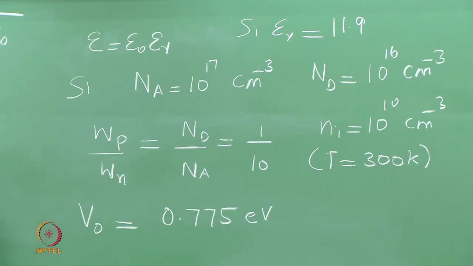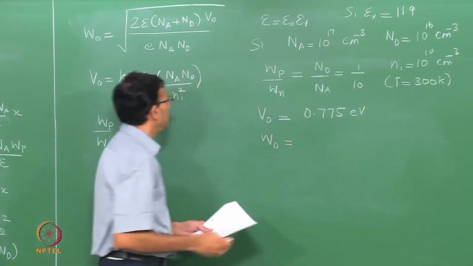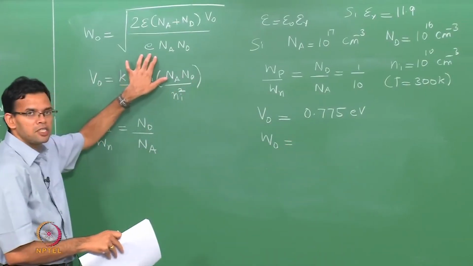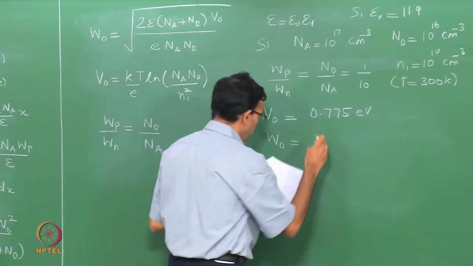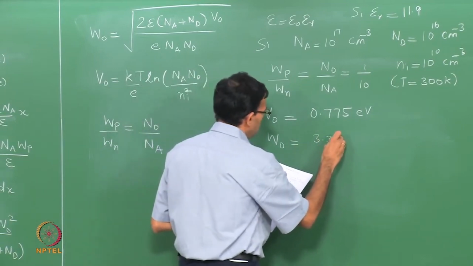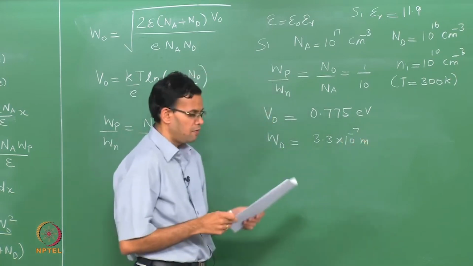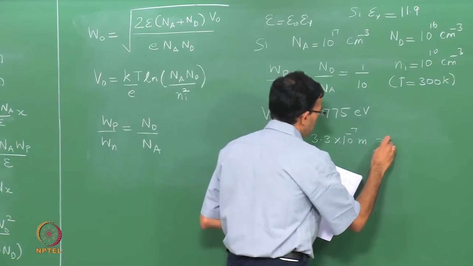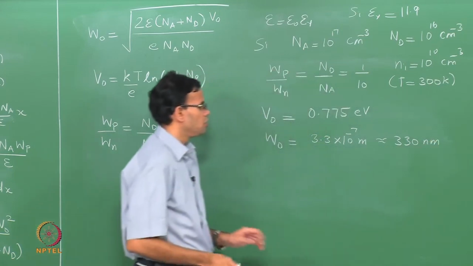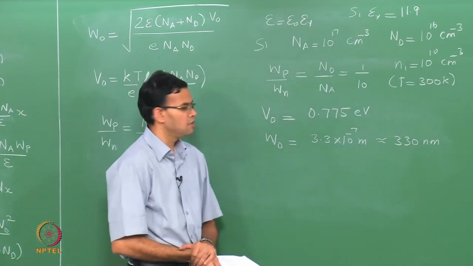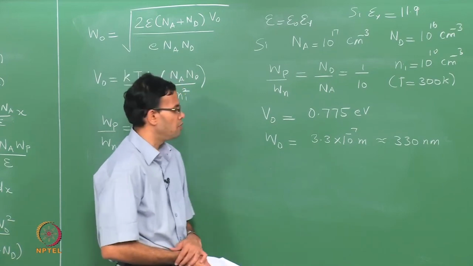You can also calculate the width of the depletion region, W naught. Once again, it is a straight case of using this equation and plugging in the numbers. If we do that, we get a value of W naught to be around 3.3 times 10 to the minus 7 meters, or approximately 330 nanometers. So, the total width of the depletion region is slightly less than 1 micron, it is around 0.3 micrometers.